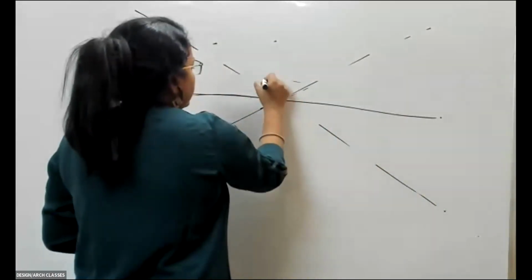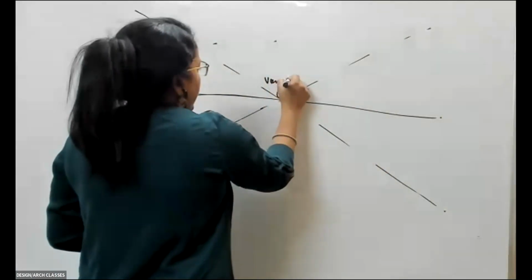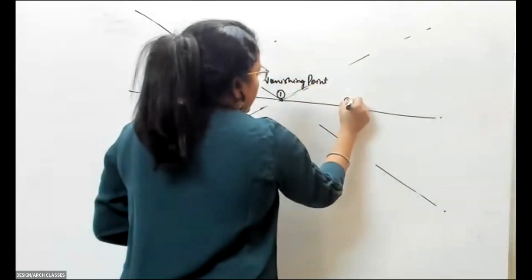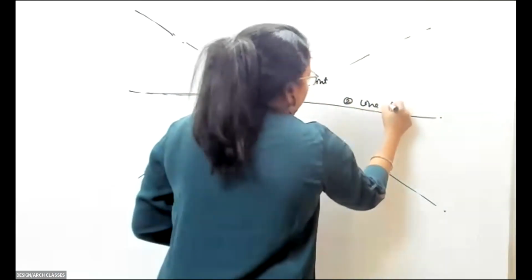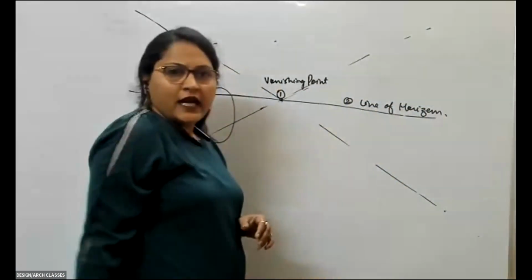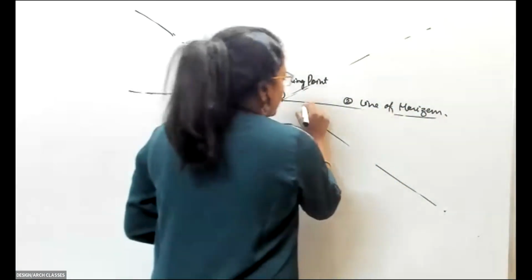You can write perspective का next. Points to remember. So this is one. Vanishing point. This is number 2. Line of horizon. Line of horizon क्या करती है? What does it do?